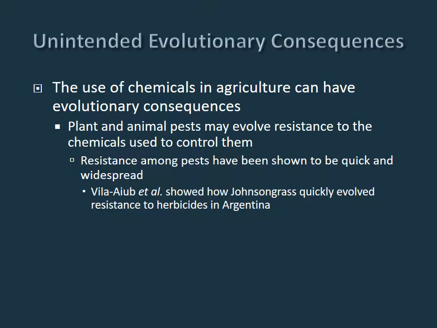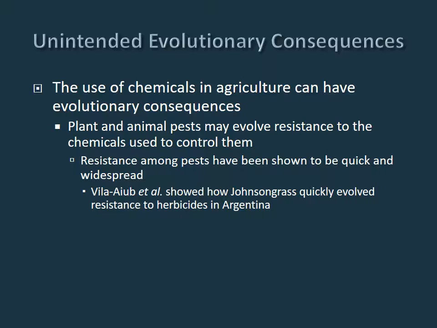Now, when we're growing plants, we tend to use various herbicides on the plants to kill off pests that are eating the plants in order to get a better crop. And what can happen is that if you were to spray a big group of plants that had bugs on them with a certain herbicide, most all of those bugs are going to die off, but there may be a few bugs that were by chance resistant to that herbicide that you used.